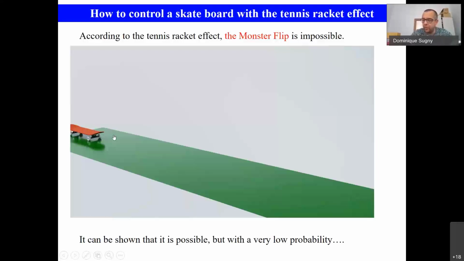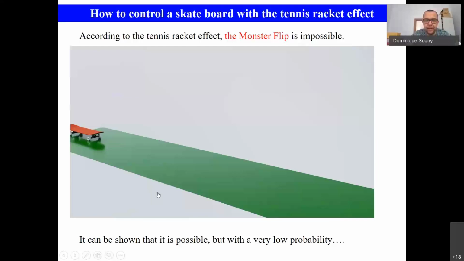But this time, the goal of a monster flip is to avoid the tennis racket effect, such that the wheels, after the full rotation, fall back to the ground. While if we use the tennis racket effect, the wheels should end up in the air.